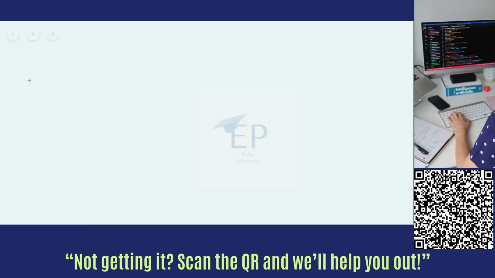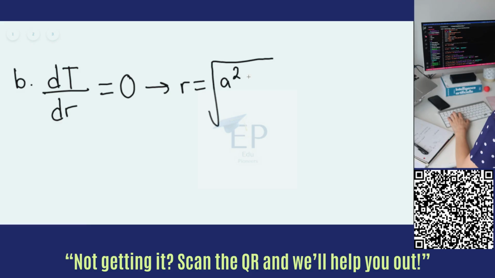For part B, now we find the minimum of it can be located by setting the derivative to 0. So we find the derivative of the period with respect to r, set this to 0, and essentially r now has to equal the square root of (a squared plus b squared) divided by 12.